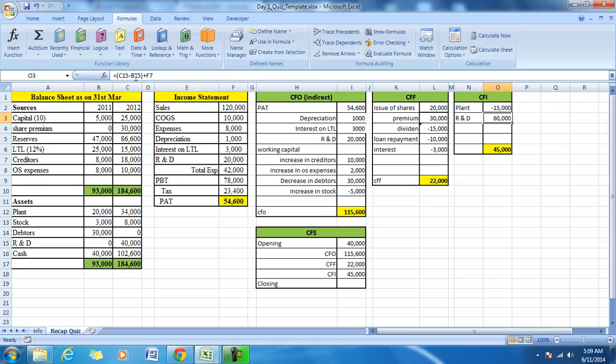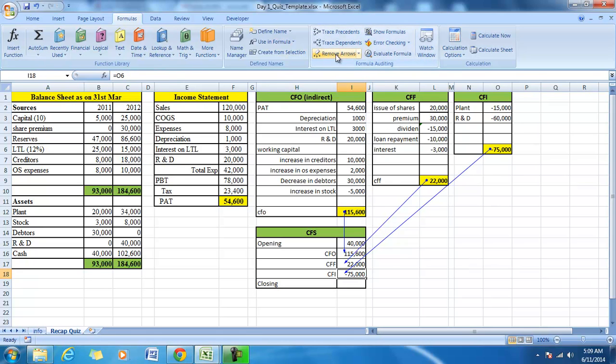So acquisition of R&D during the period is 60,000. That means we acquired R&D worth 60,000 and amortized one third of it during the period. So therefore there is a CFI of 75,000. So CFO 115,000, CFF is 22,000 and CFI minus 75,000.